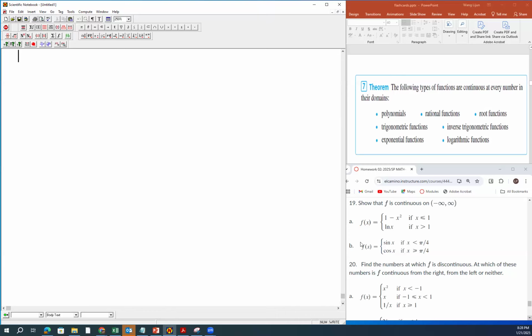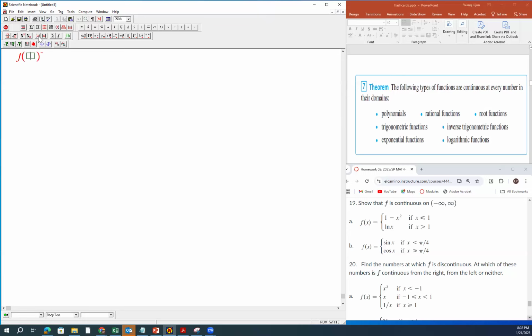Second one, look at part B. f of x equals sine x when x is less than pi over 4, and f of x equals cosine x when x is greater than or equal to pi over 4. This is the same situation.